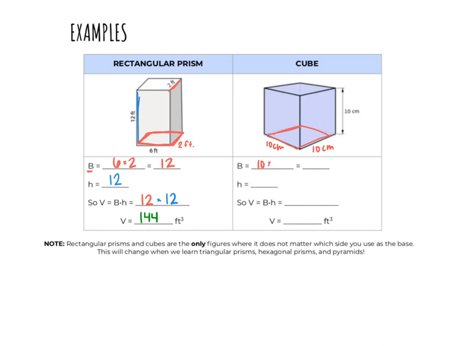And the area would come from 10 times 10, which is 100. Then the height of my cube would be the other 10 centimeters. So the volume would come from the area of my base of 100 times the height of 10, and that gets me a final volume of 1,000 cubic, that should be centimeters.